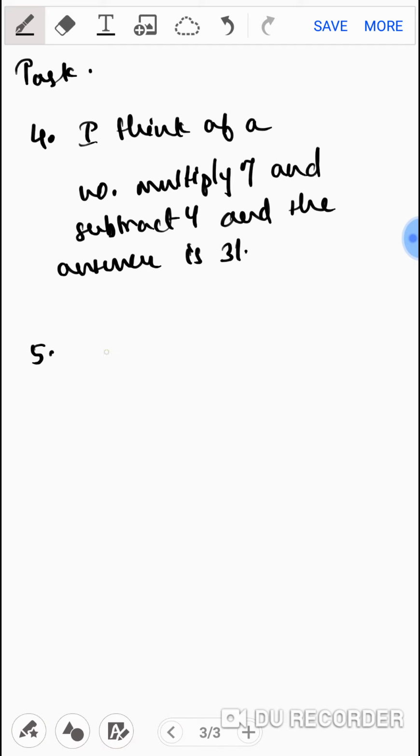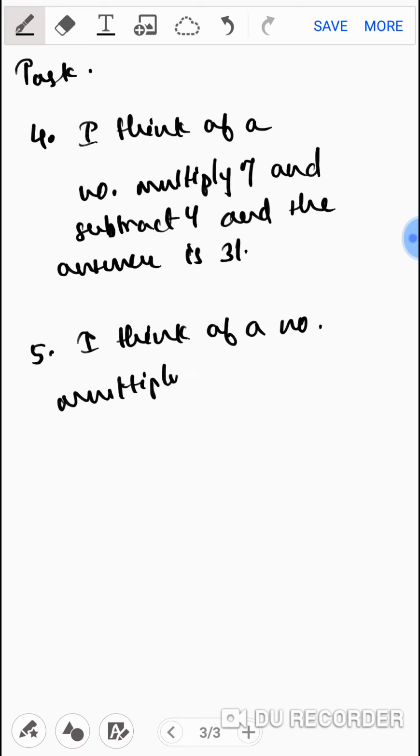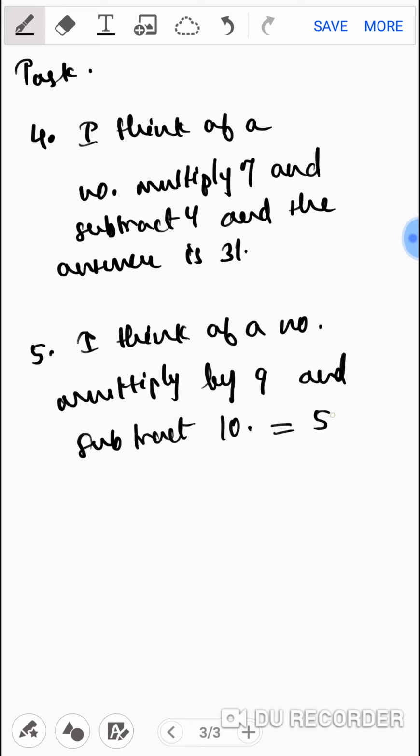Task number 5. I think of a number, multiply it by 9 and subtract 10. The answer is 53. Find the number.